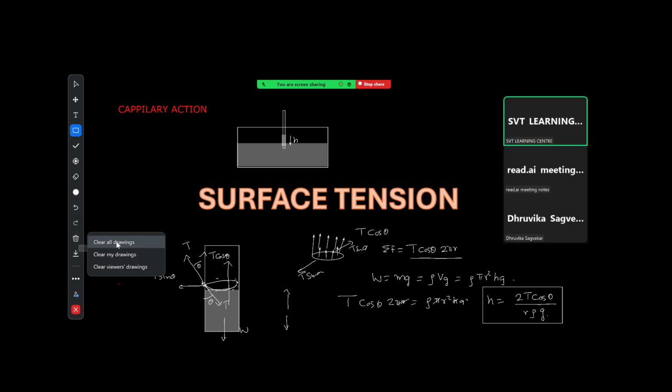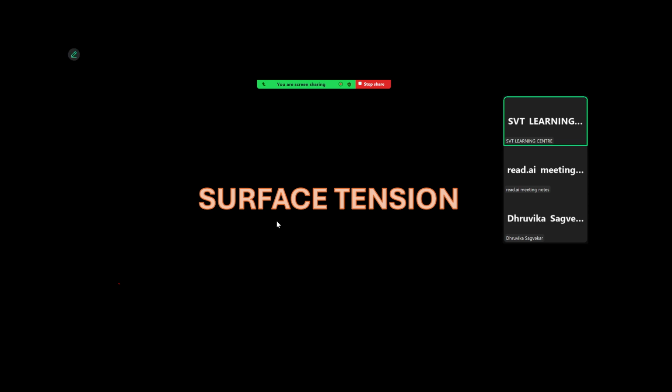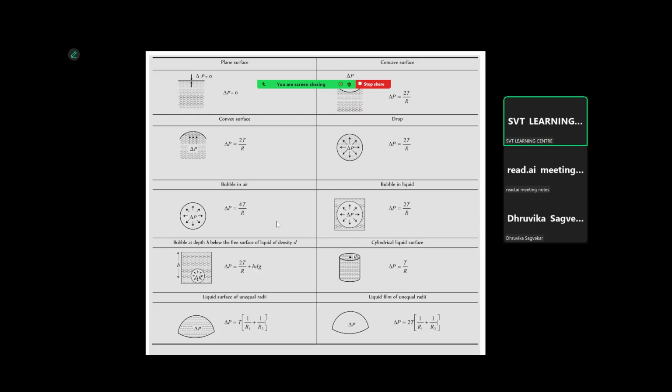Okay, now let's look at some very important parts of surface tension for our question answers. Now remember, this is the surface of the plane. If the surface is flat, net force outside and inside will be 0. If liquid is inside and outside there is air, then the difference in pressure will be this much. If it's a liquid drop or a bubble, then this would be the pressure.